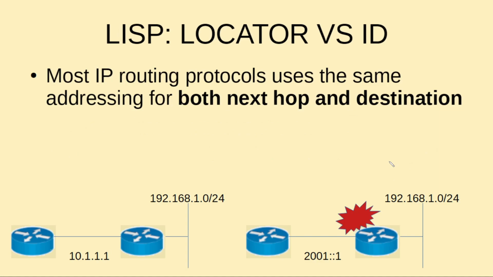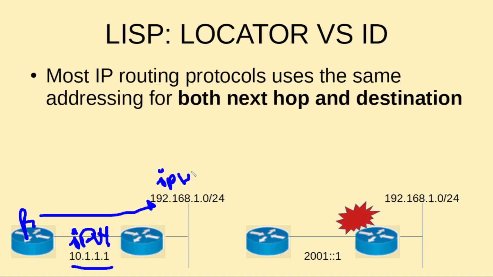So let's compare that to what we are used to do with traditional IP protocols. Most IP routing protocols use the same addressing for both the next hop and the destination. So for instance, if this router wanted to reach this destination, it should go through the next hop. Notice that the next hop is an IPv4 address and the destination is also an IPv4 address. If we wanted to do something like this, that will be impossible with traditional IP routing protocols.